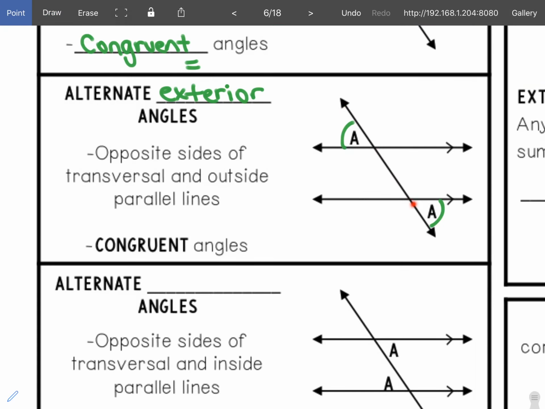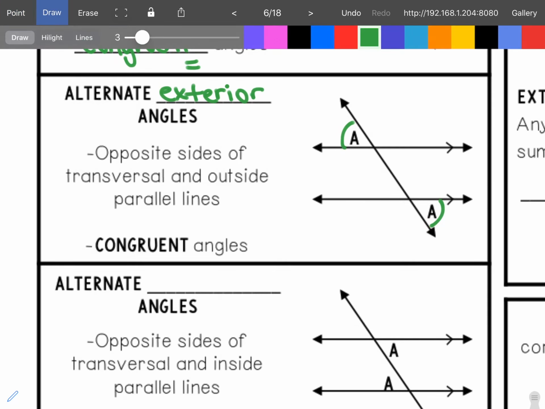Remember, this is the transversal. So you've got one on the left and one on the right, and they are outside the parallel lines. If this is helpful to you, this right here would be inside the parallel lines, in the middle. And since they are outside the parallel lines, they are exterior, alternate exterior angles.